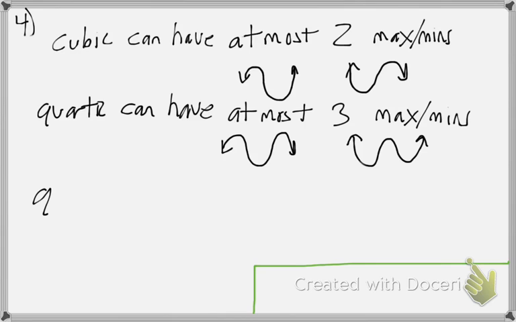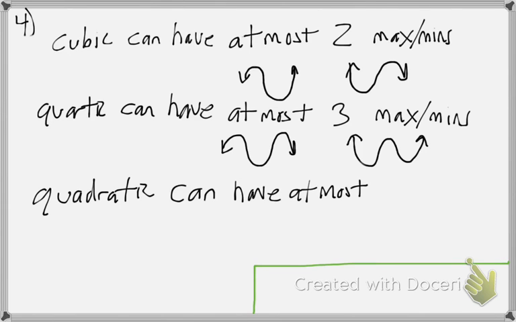If we go back to a quadratic, this can have at most, quadratics had a power of 2, and the number of max mins that we can at most have is always 1 less. So this will have at most 1, and that means it's going to look like this, or like this, which are the parabolas, which we've already looked at.